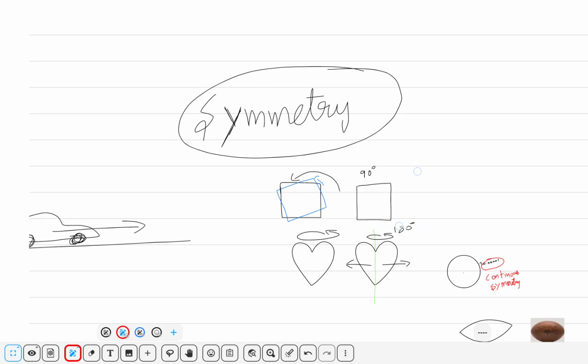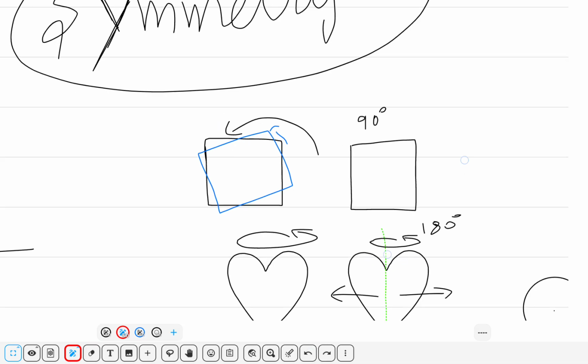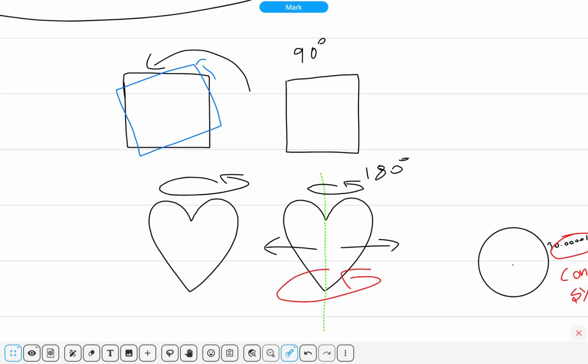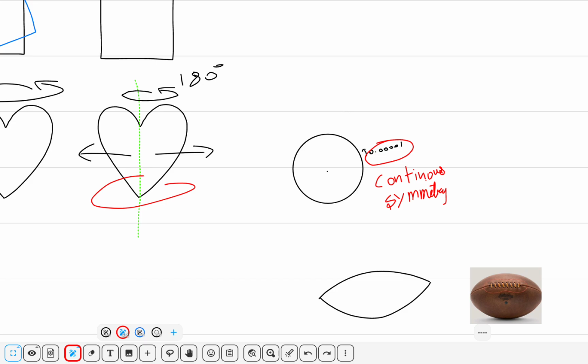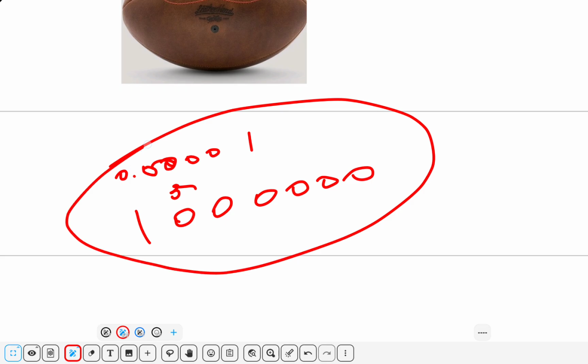So this rotation was a translation in angle. This is also a translation in angle. Doesn't matter how small or big a translation you do, every value of translation will give you the exact same configuration as you had before.